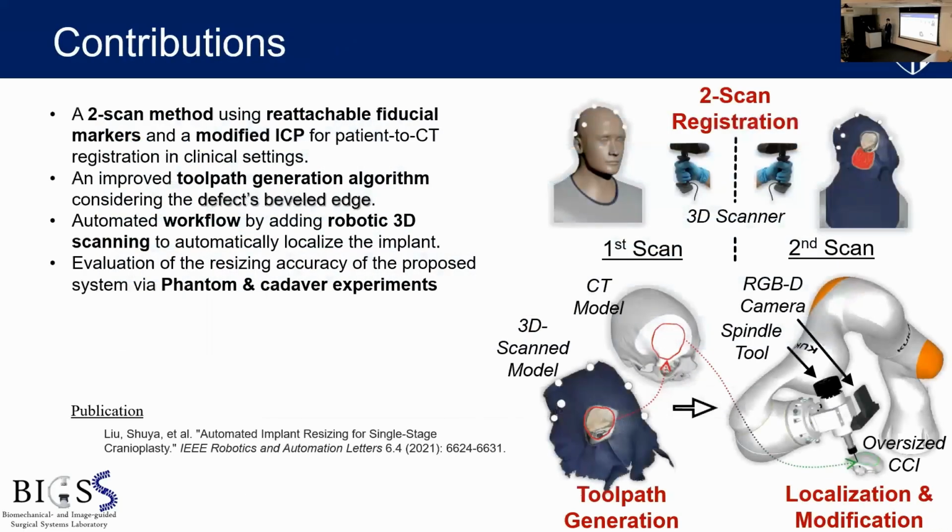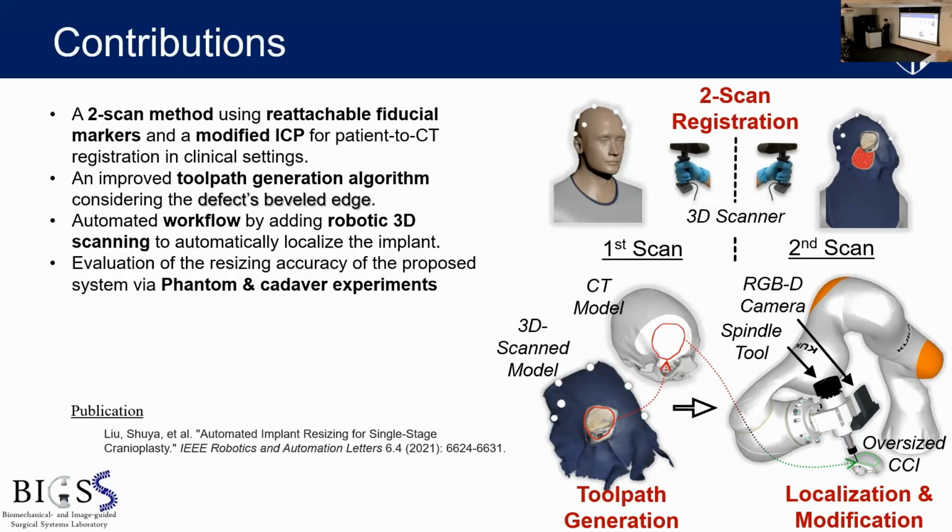So to conclude this work, we further improved the robotic workflow by proposing a two-scan method and using reattachable fiducial markers and a modified ICP to address the soft tissue and draping issue. And we further improved the toolpath algorithm to consider the defect bevel edge. And we further automated the robotic workflow by using an RGBD camera to perform robotic 3D scanning.